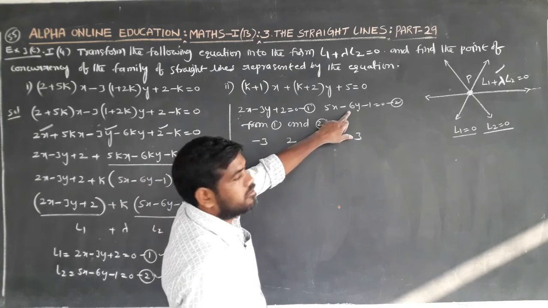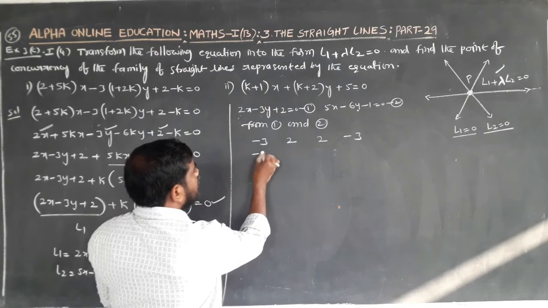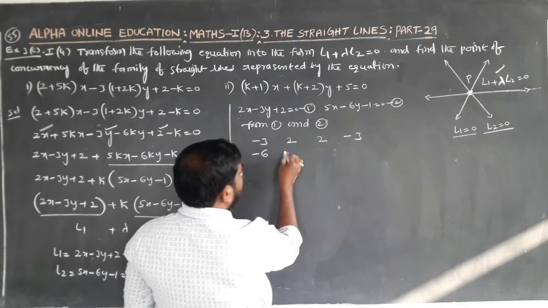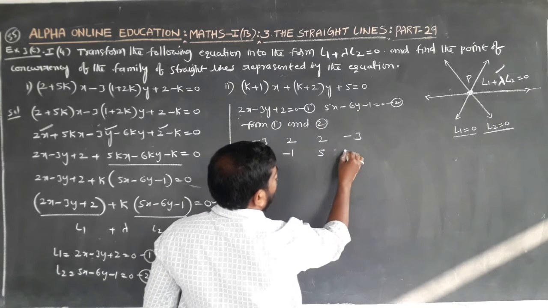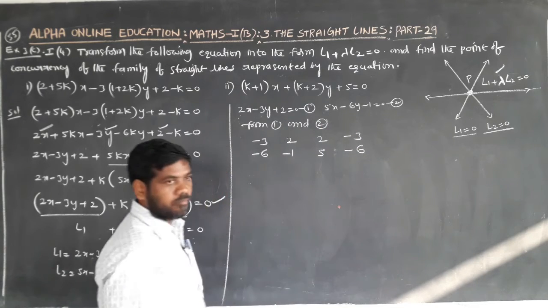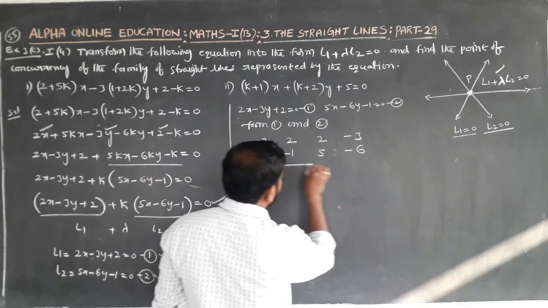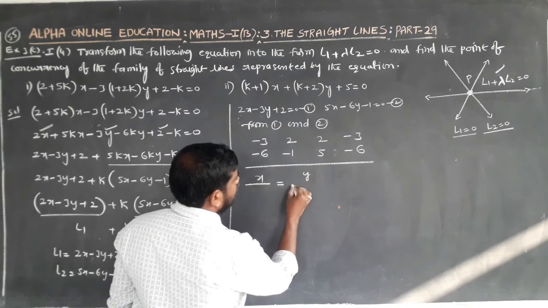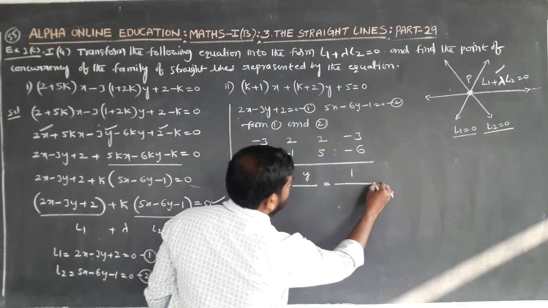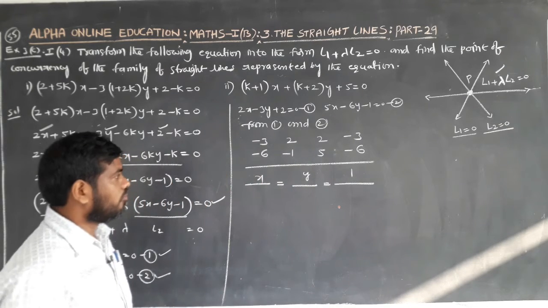Next, the second equation: y coefficient is minus 6, constant is minus 1, x coefficient is 5, y coefficient is minus 6. This is equal to x by, y by, 1 by.